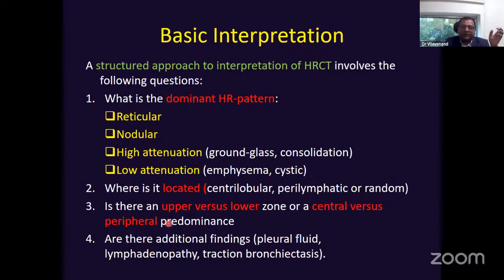Is there any upper versus lower zone involvement, or central versus peripheral involvement? This also has to be answered. If we answer this, almost 80 to 90% of the diagnosis will be confirmed. And over that, if we get to know the additional findings like pleural fluid, lymphadenopathy, and traction bronchiectasis, we can confidently give the diagnosis.